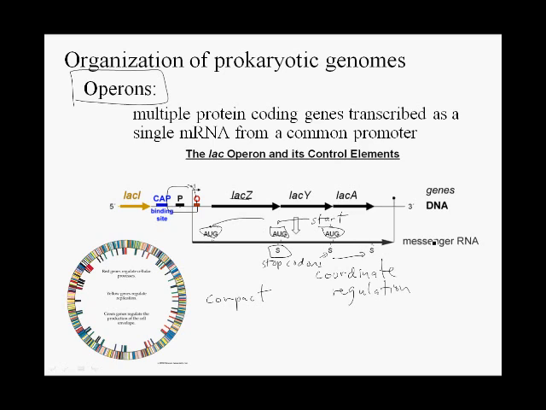Once this messenger RNA is made, ribosomes will initiate translation at this first AUG, stop translation at the stop codon, and then reinitiate translation at the next AUG. So ribosomes keep going. They'll first make this LAC-Z protein, then they'll make LAC-Y protein, and then they make LAC-A protein. So this is a very elegant way for bacterial cells and other prokaryotic cells to achieve coordinate regulation.